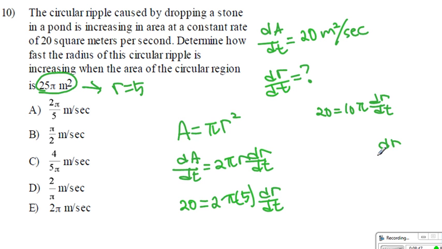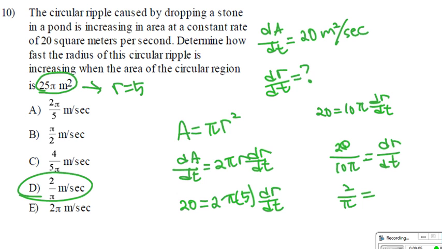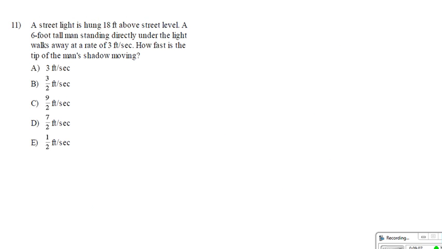Then we realize quite quickly dr/dt is equal to 20 over 10 pi, which is equal to 2/pi. There it goes. Interesting. Now number 11.